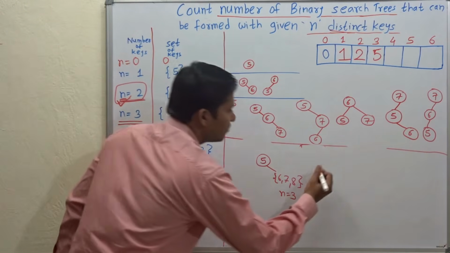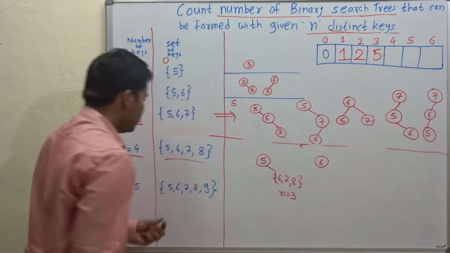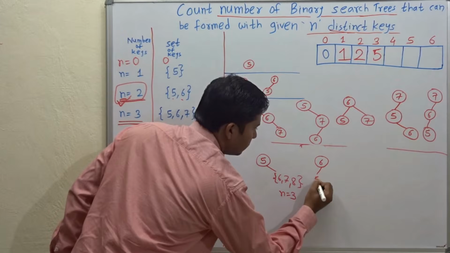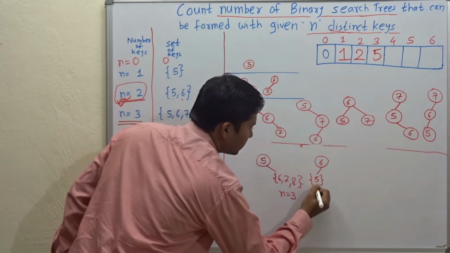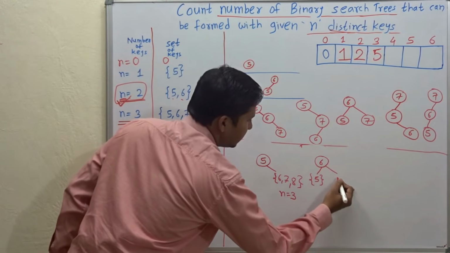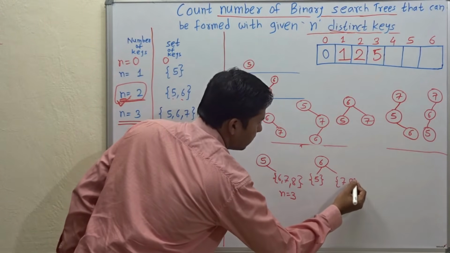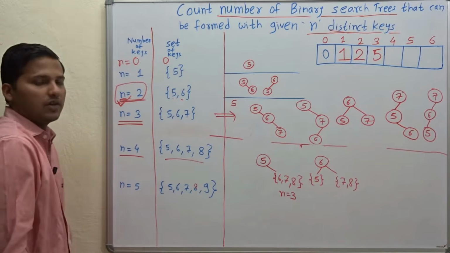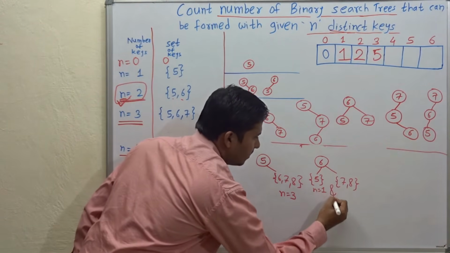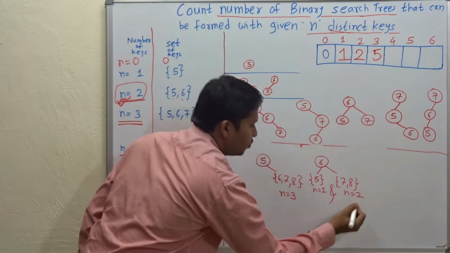Then when 6 is the root, see, 5 is on the left side. So this is one set, and 7 and 8 are on the right side. Okay, so n equal to 1 and n equal to 2.